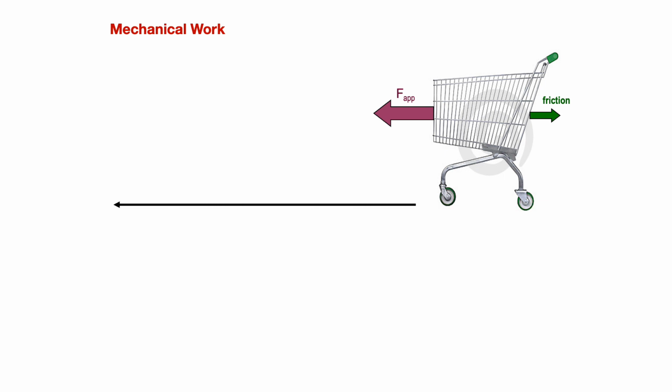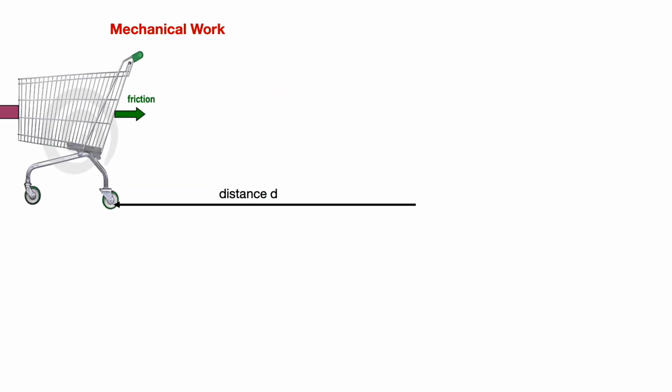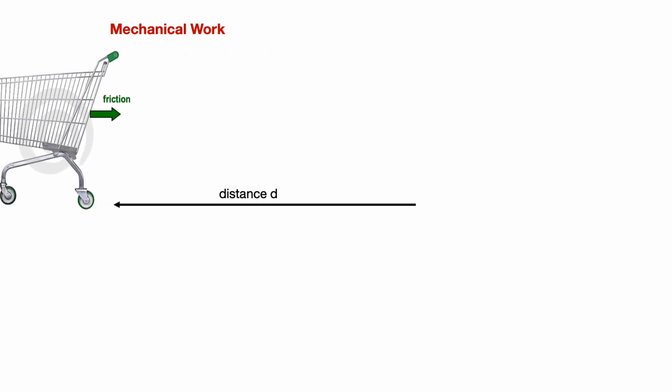Let's imagine then that we push this trolley a certain distance d, shown by the arrow. Let's see the trolley move that distance d. Here it goes. So we have pushed the trolley a distance d by exerting an applied force, F applied, to that trolley.